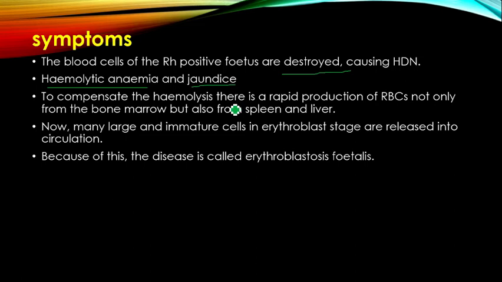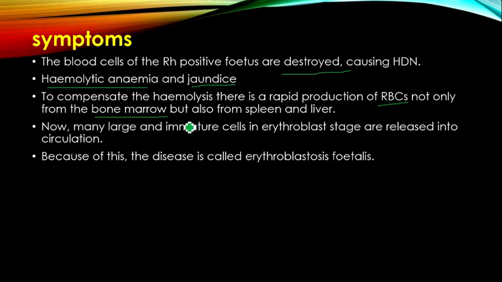See, a number of RBC are destroyed because of Rh antibodies. A lot of RBC are decreased, so to overcome that, the fetus will produce a lot of RBC, not only from the bone marrow. Actually red blood cells are formed from the bone marrow. The bone marrow of the fetus will produce a lot of RBC, because a lot of RBC are destroyed every day.